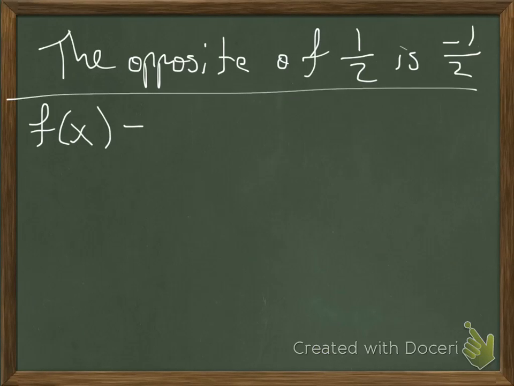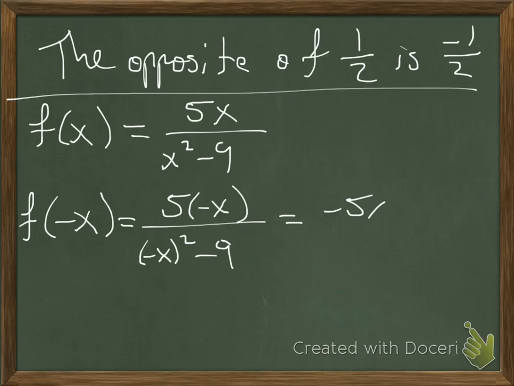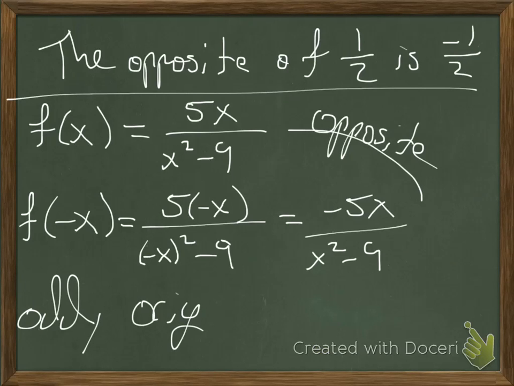So if I have f of x equals 5x over x squared minus 9, f of negative x is equal to 5 times negative x over negative x squared minus 9. So you have negative 5x over x squared minus 9. And we don't care about the denominator. We just want it to be the same. And the numerator is opposite. So if it's opposite, it's odd, and it has origin symmetry.